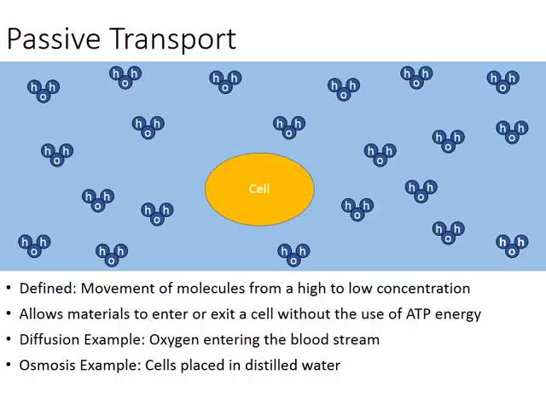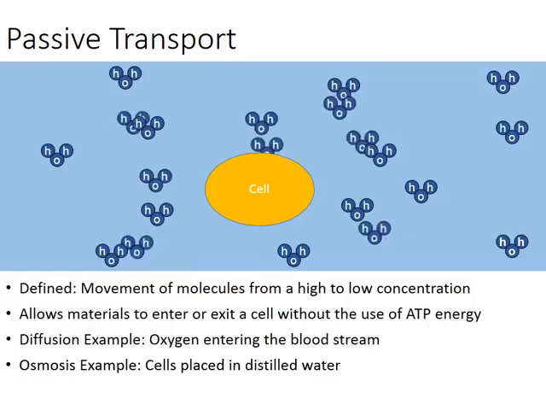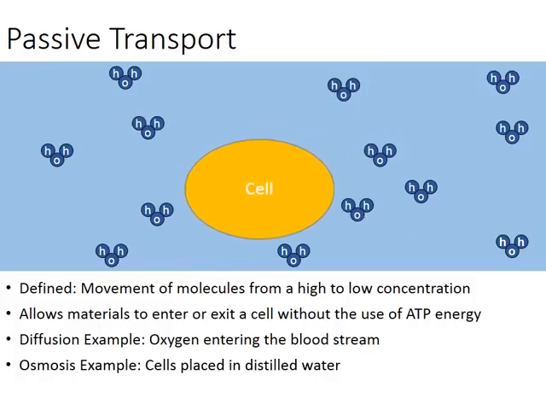And so if you were to place a cell in distilled water, I want to note the high concentration of water is on the outside of the cell, but inside the cell there's a lower concentration. So through osmosis, through passive transport, water molecules will diffuse into the cell and the cell will expand, possibly to the point where it could even burst. So this is a great example of osmosis, which is again an example of passive transport.